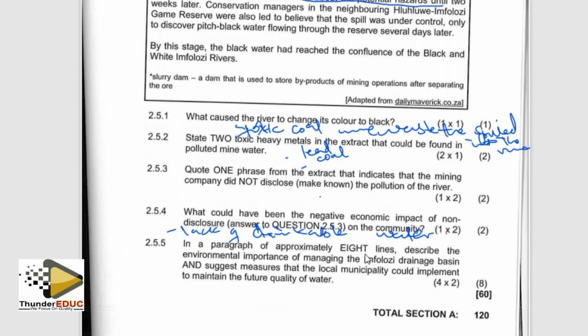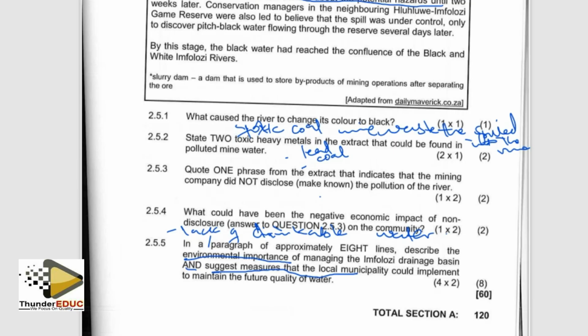Next one, in a paragraph of approximately 8 lines, describe the environmental importance of managing forest drainage. The question is in 2 parts. It has measures: we need to suggest the measures that the local community or municipality could implement to maintain the future quality of water. First we need to know the importance. If you manage the drainage system, how important is it?